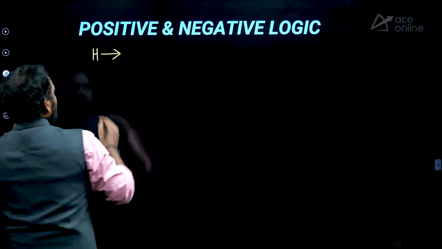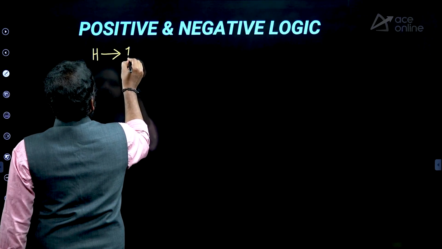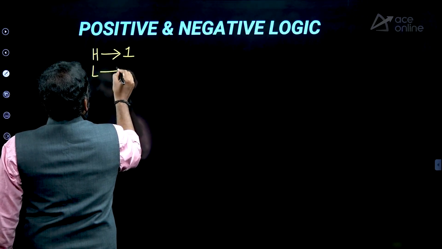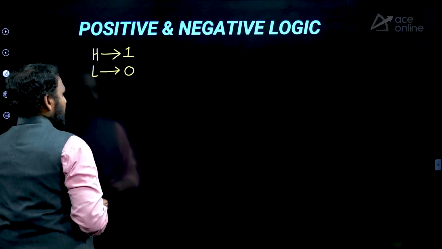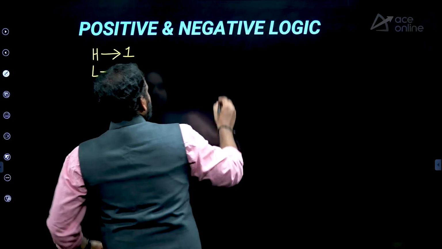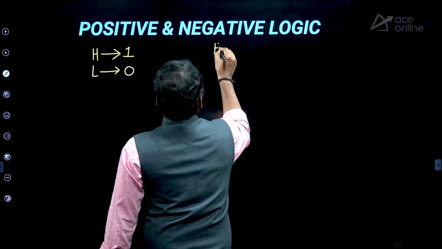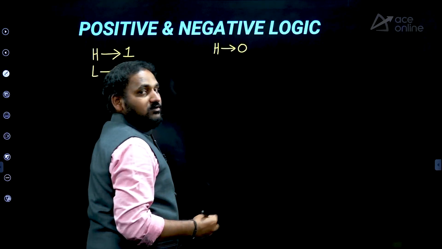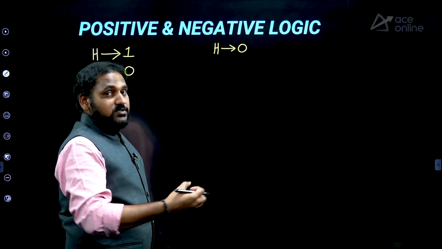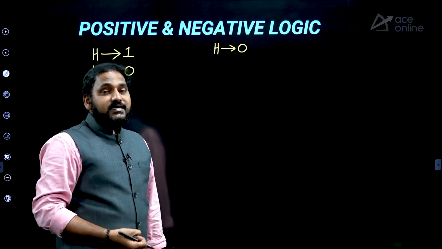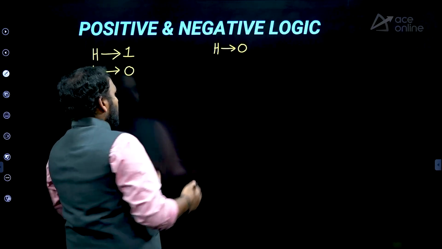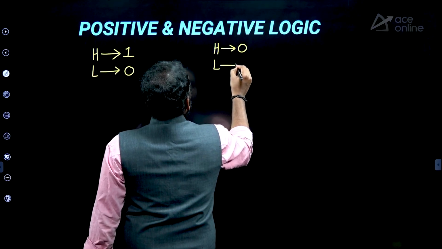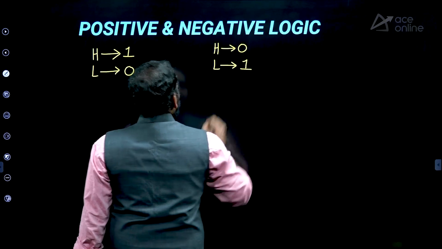In positive logic, high voltage we generally consider as logic 1, and low voltage as 0. And the negative logic is the reverse. High voltage should be assigned to logic 0, I mean the computer or processor or register will accept it as a logic 0. And low voltage will be accepted as 1.